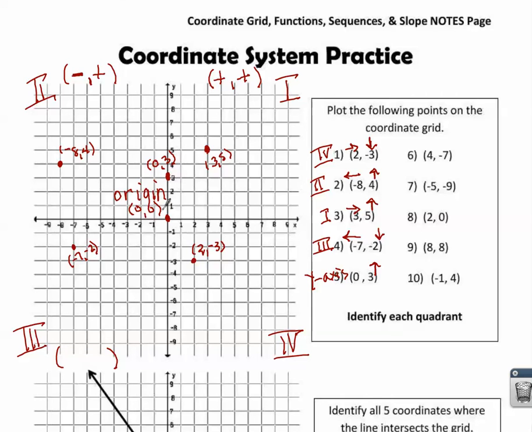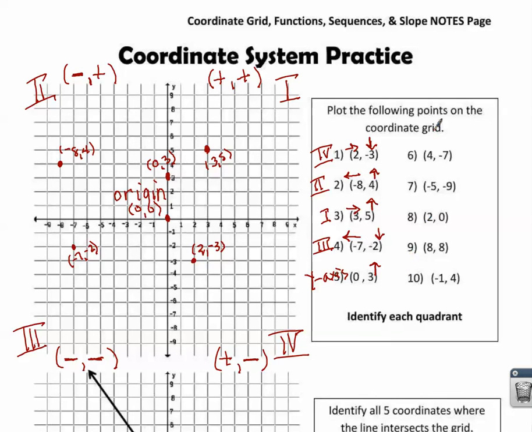Quadrant 3, from the origin, you're walking left, so all your x's are negative. Then you're flying down, so all your y's are negative. And finally, in quadrant 4, starting from the origin, you're going right, so all your x's are positive. Then you're flying down, so all your y values are negative. So you will know where you're plotting your point based on your signs.